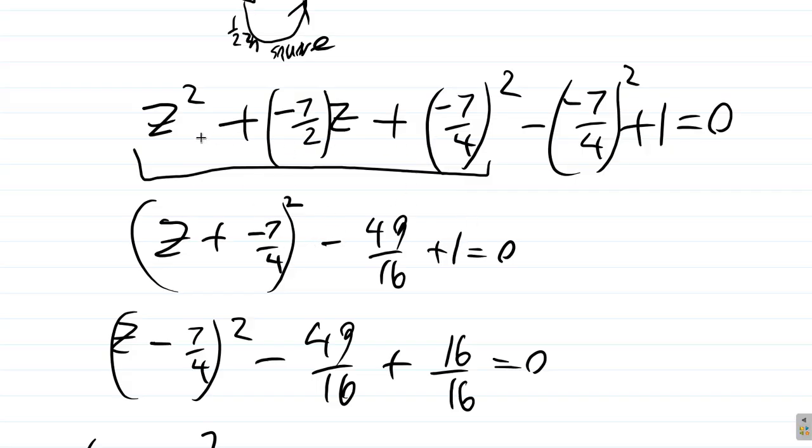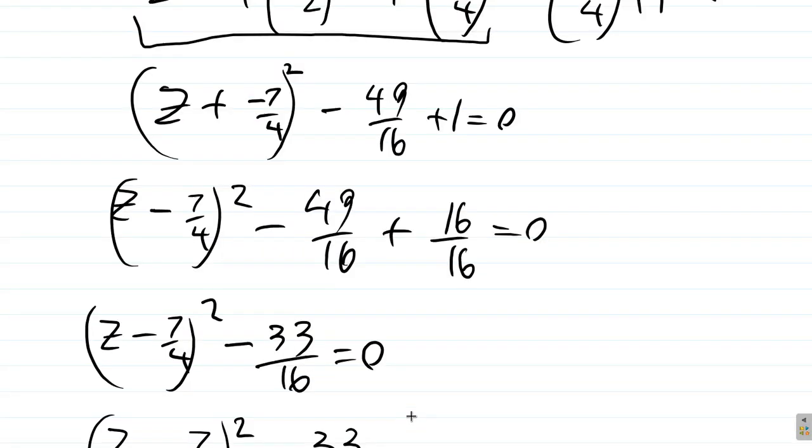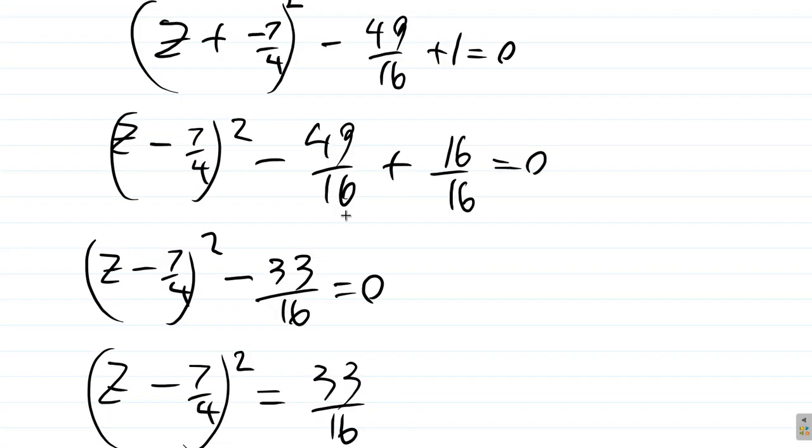No. z squared plus negative 7 over 4 z plus that r squared, nice, minus 49 over 16, 16 over 16. You have negative 33 over 16.